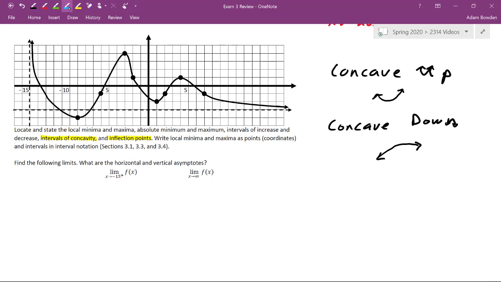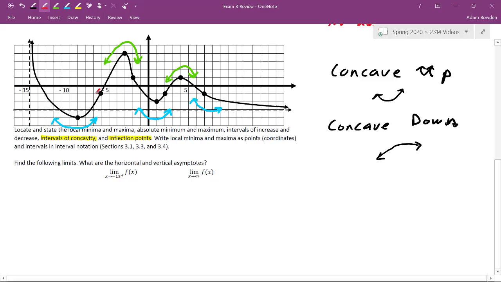So let's look at this graph and figure out where it is concave up and where it is concave down. I'm going to indicate on this side of things it's concave up, and then it's concave down, concave up, concave down, and then finally it goes concave up again here on the other side.